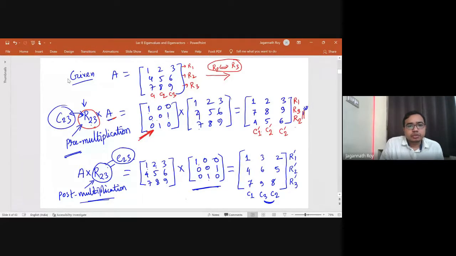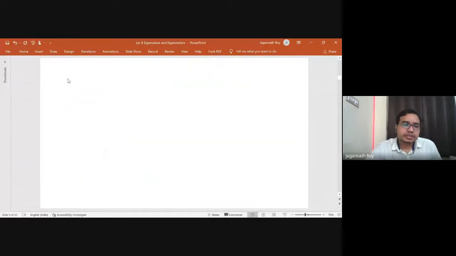But if we do this post-multiplication, then the columns are changing for this particular matrix. The matrix is same. So this is A, this is kind of Q, this is P, this is kind of A. Okay. I hope this clarifies your doubt.